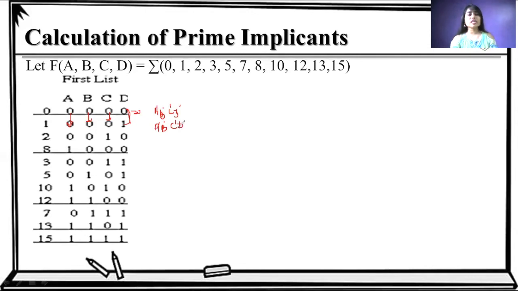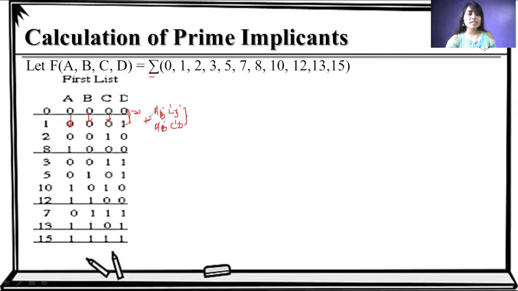So here in 4 variables, if we have 3 variables in common, we can take the common variables out, and then we have only D dash and D here.